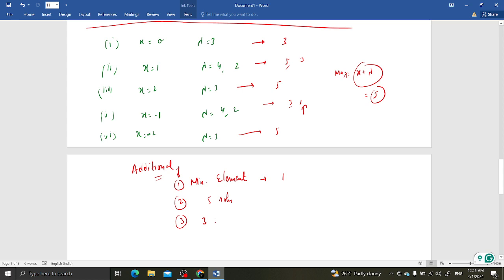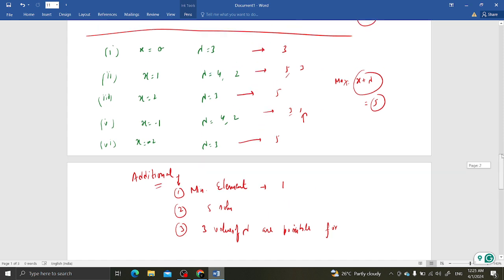So 3 values of lambda are possible. And what are the values? 2, 4, 3. So like that they will change the question here.